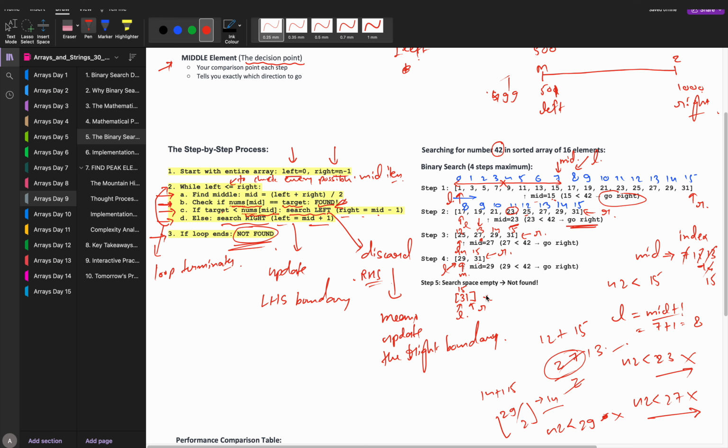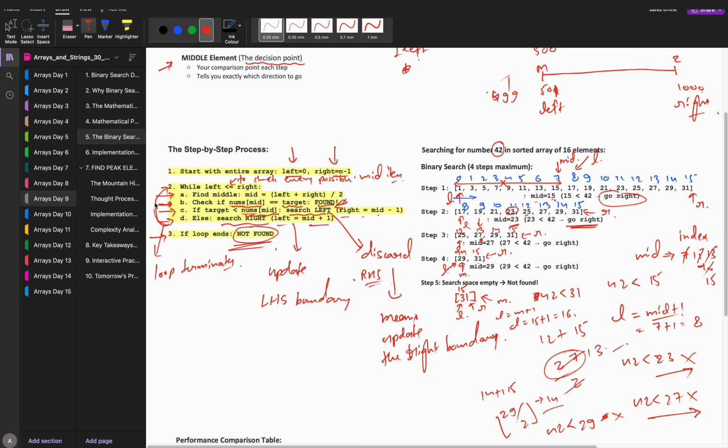I will try to find mid, भी यहीं आएगा क्योंकि एक ही item बचा है search space में. Now what? I will check target 42 less than 31. No. So I'll go to right. Right जाने के लिए क्या करना पड़ेगा? Left equals to mid plus 1. Means left would become 15 plus 1 equals 16.